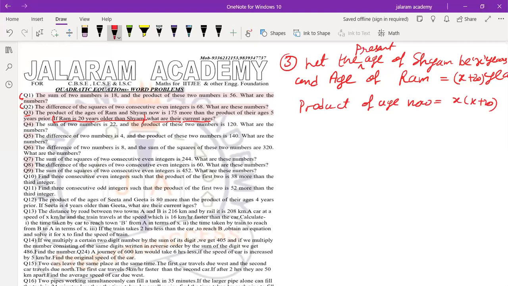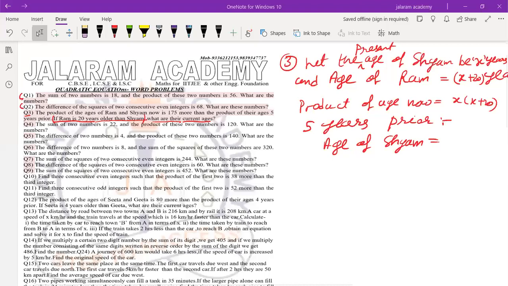Now, the product of their ages 5 years prior. For 5 years prior, first write their ages. What must be the age of Syam 5 years prior? This time the age of Syam is X years.